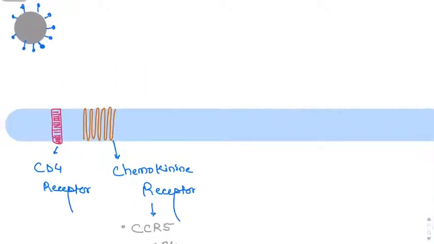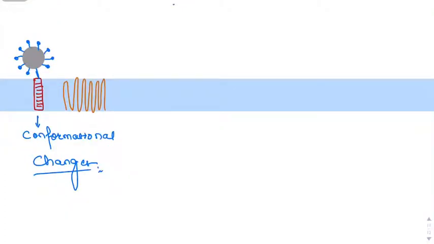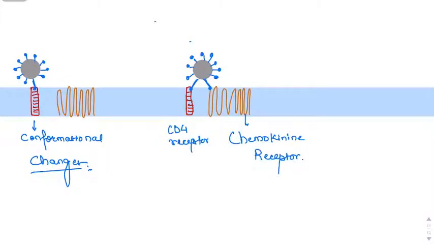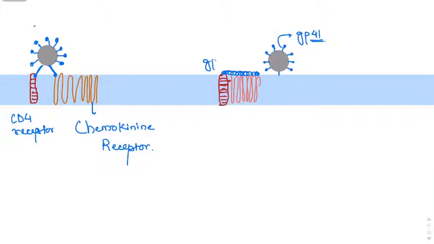Now, what happens exactly is, the glycoprotein 120, which is an important envelope glycoprotein, binds to the CD4 plus cell receptors and brings about a conformational change in this receptor. After that, glycoprotein 120 binds to the chemokine receptor, and again it brings about a conformational change.